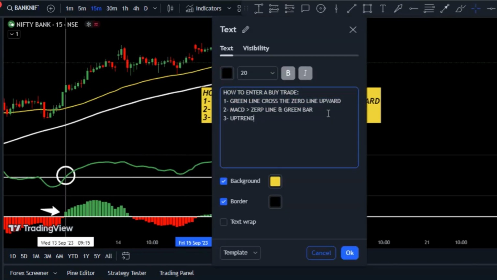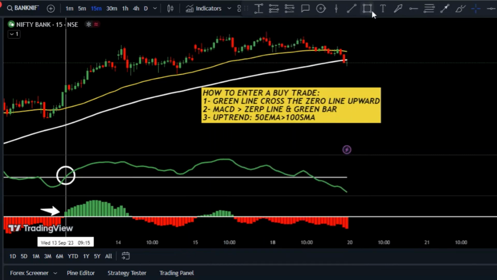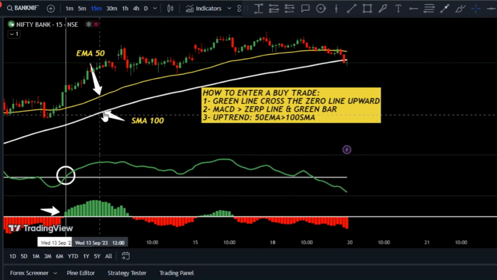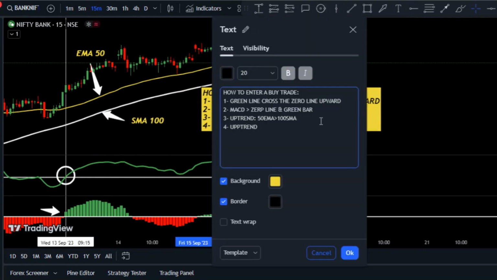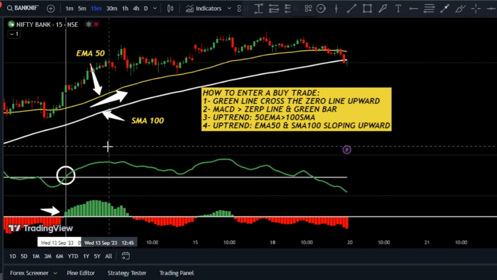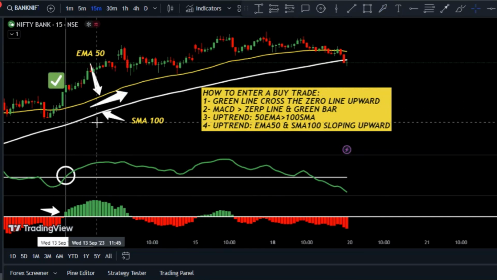In the next step, EMA 50 should be higher than SMA 100. And finally, both original moving averages should be sloping upwards. Now, with all these conditions met, you're ready to dive into a long trade.